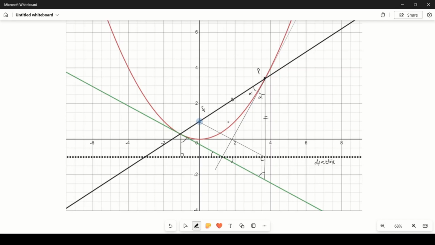Let's call this F, this D, this E, and this Q. Right, so QDP and FEP are similar triangles, and so we know that the line QD and the line FE are parallel.